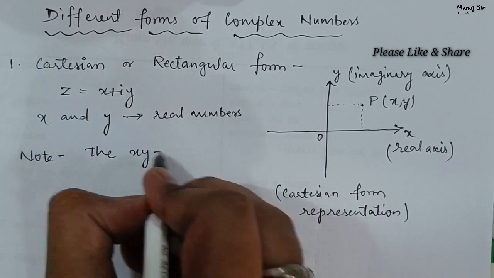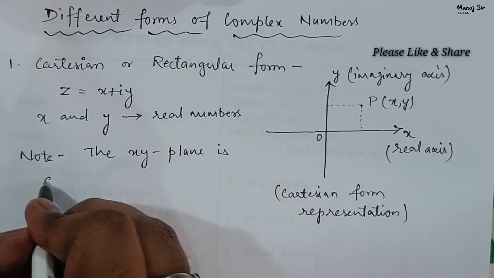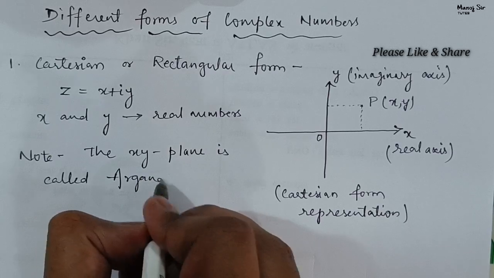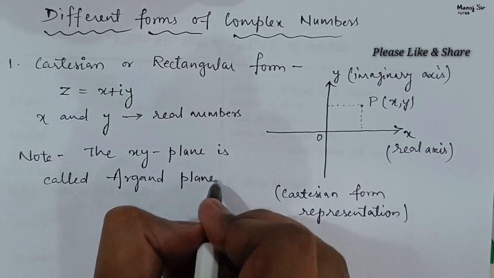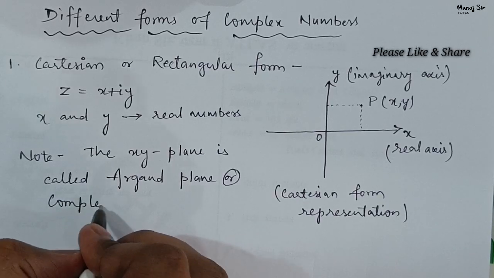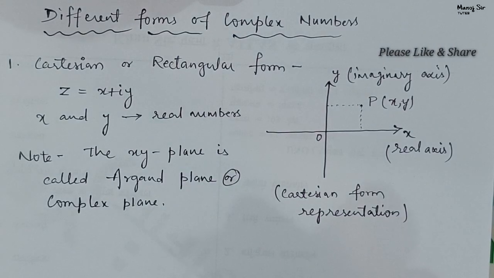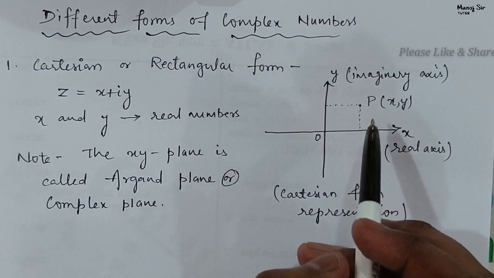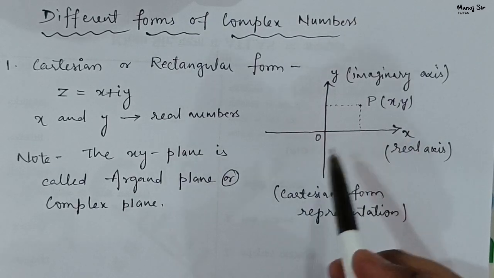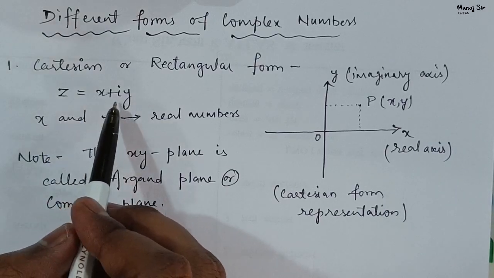The xy plane is called the argand plane, or complex plane. So we have drawn this imaginary axis and real axis on this argand plane, where the complex number z is given by x plus iy.